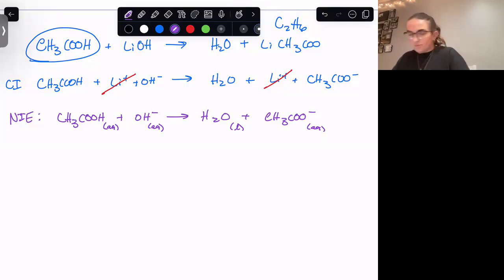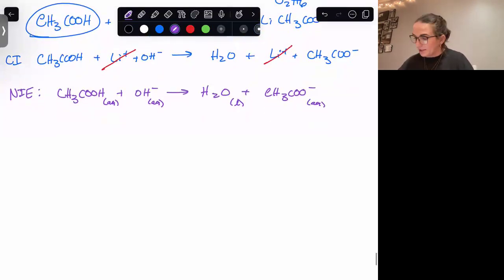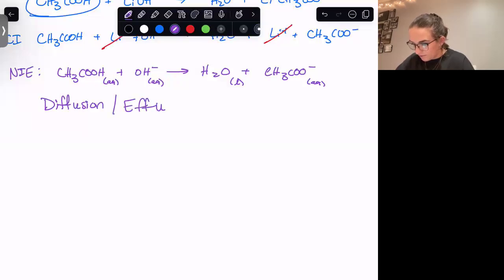Alrighty. We'll do a little bit of kinetic molecular theory. So when we talk about diffusion and effusion, these are different, and diffusion is what we usually talk about most. We have 2 equations.